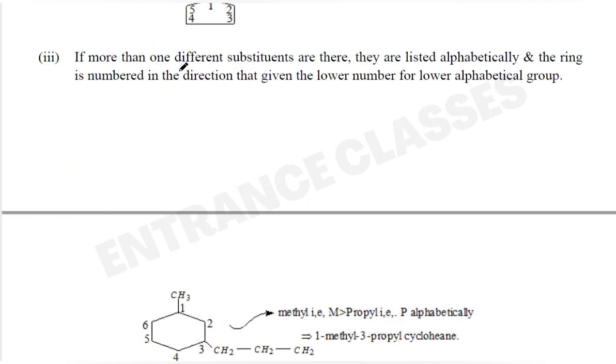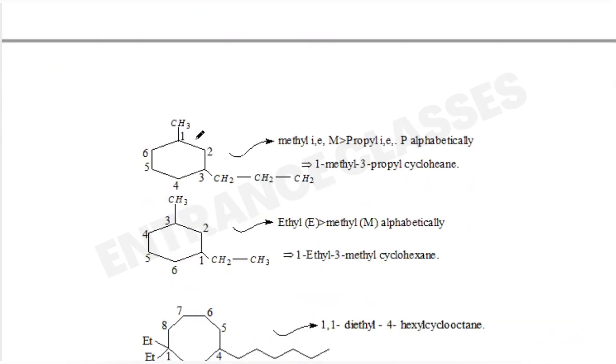Now, if more than 1 different substituents are there, they will be listed alphabetically, and the ring is numbered in the direction that gives the lower number to the lower alphabetic group. Say here it is methyl, and this is propyl. So M and P, alphabetical.